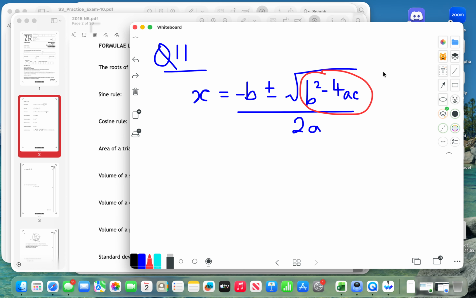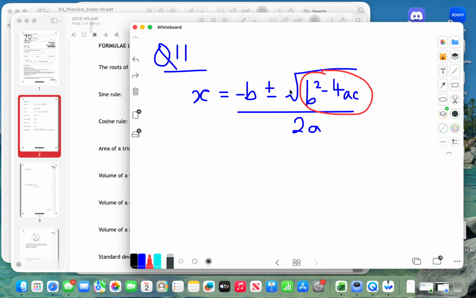Once you get to Advanced Higher, you deal with something called complex numbers, which you technically can take the square root of a negative, but for the purposes of this, you cannot take the square root of a negative. You cannot get a real value. So there's no real roots if it's less than 0.